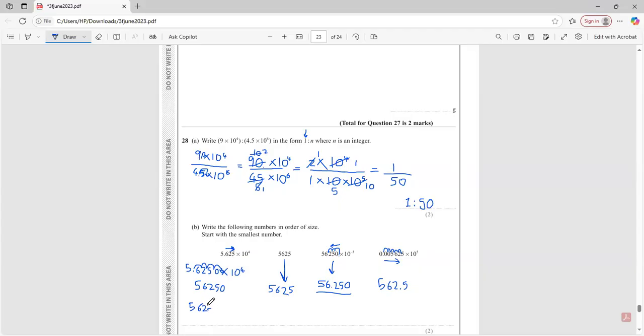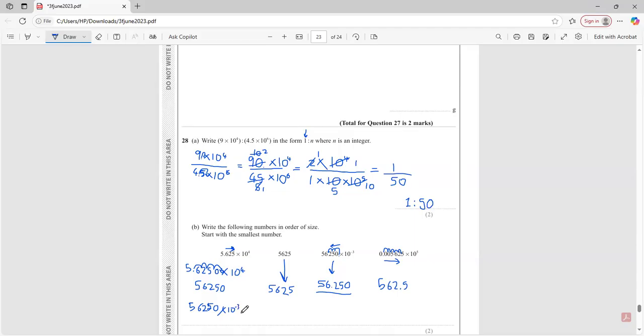So sorry, 5, 5, 6, 2, 5, 0 times 10 raised to power minus 2. That's the first one.